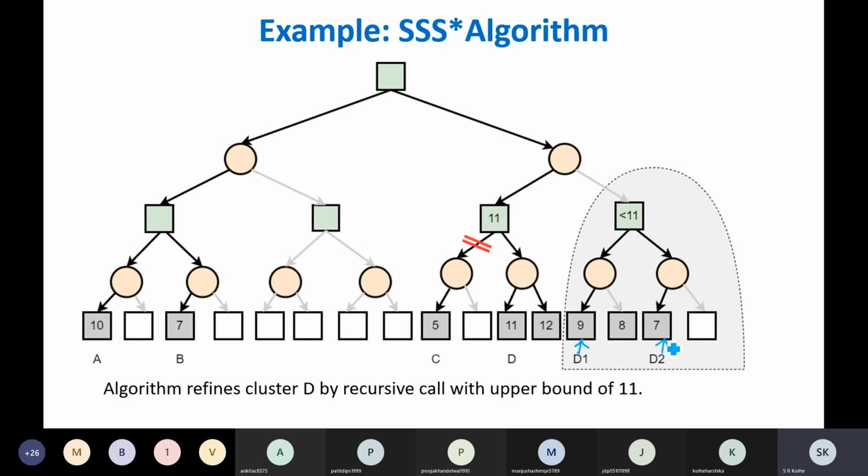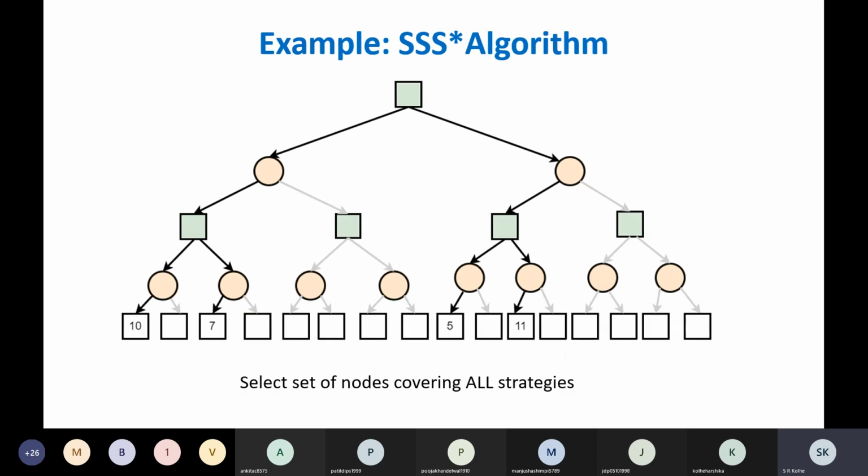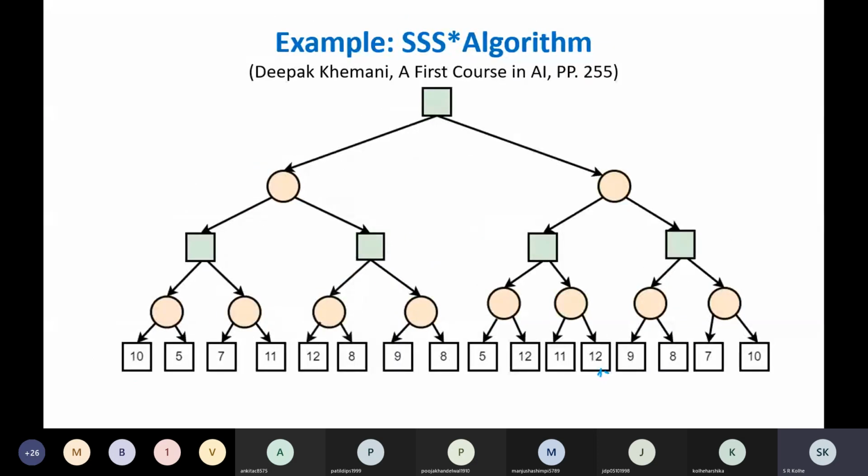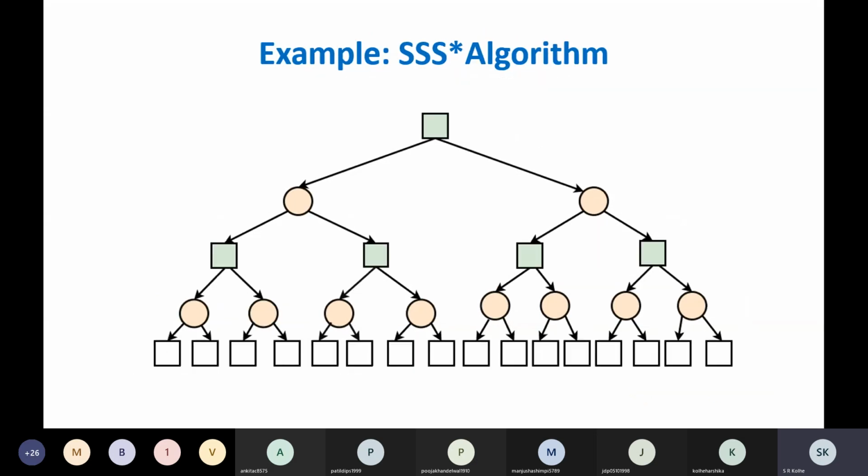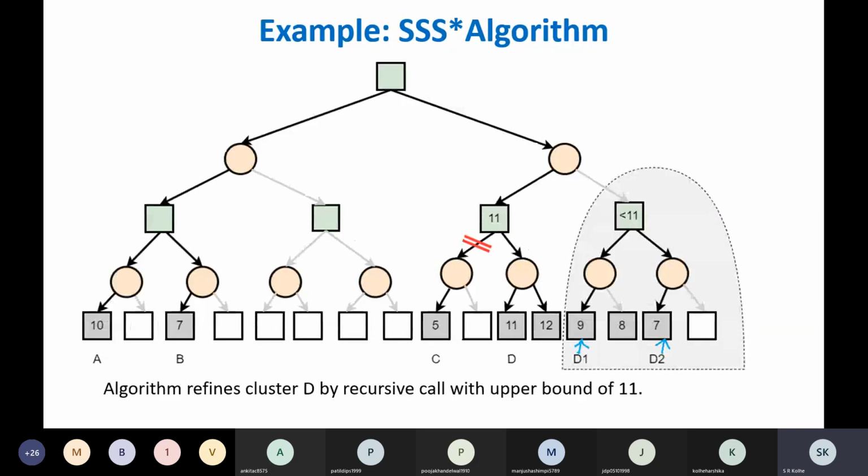How do we come to know that 9 and 7? You will have to go back to the game tree. Look at this. This value is 9 and this utility value is 7. So the corresponding values are 9 and 7. So the same process will be repeated. It's a max, solved. It has a sibling. Okay. So evaluate it.